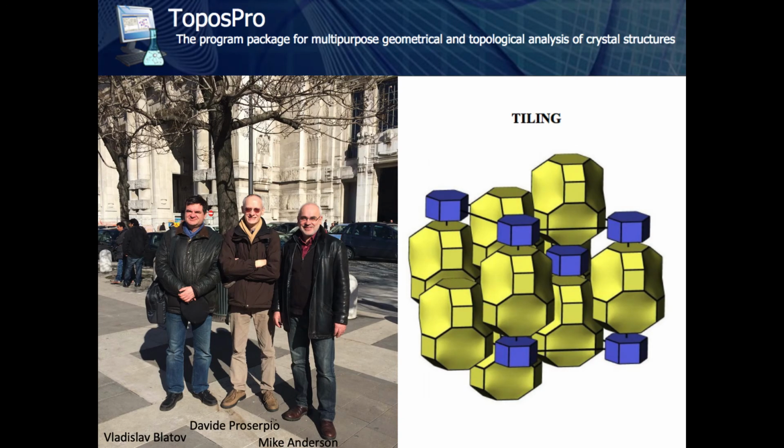Now the CrystalGrower software at this point is actually linked with another software called Topos Pro, which has been written by Vladislav Blatov in Samara and serves as a useful starting point for the CrystalGrower routine, because his program Topos Pro computes three-dimensional tilings, which are actually the rate determining steps in the crystal growth.